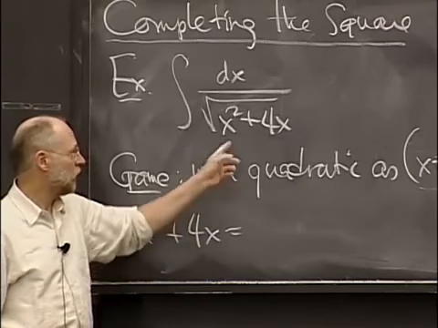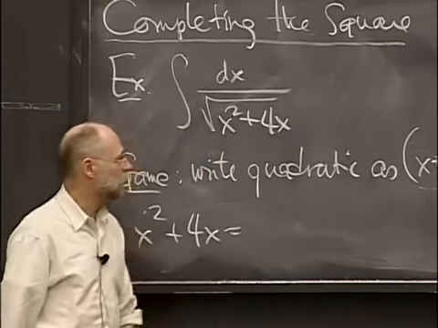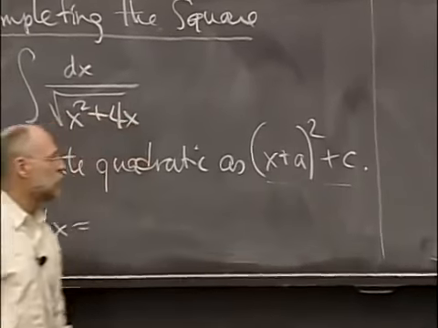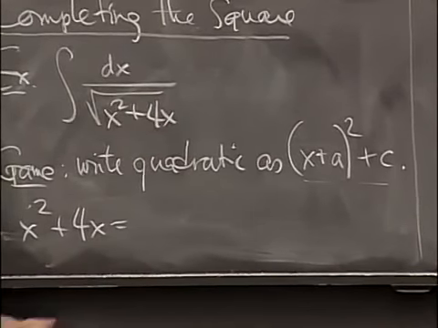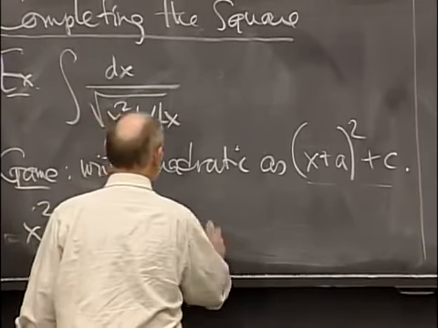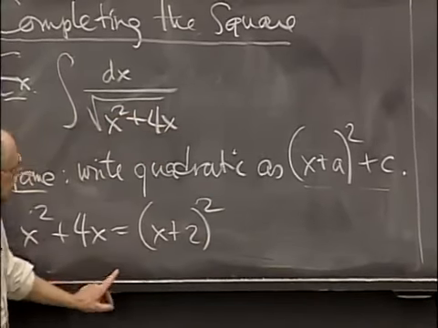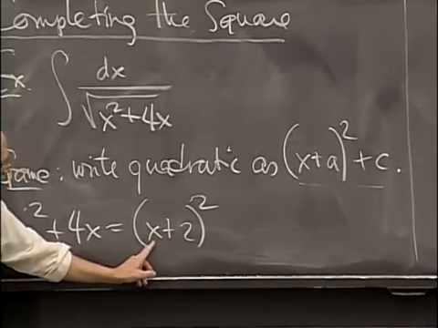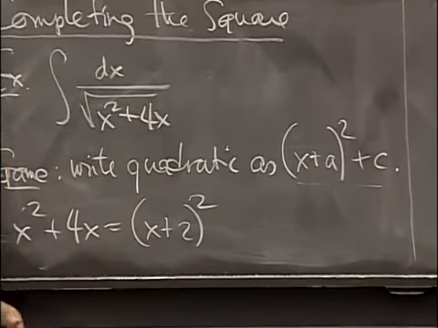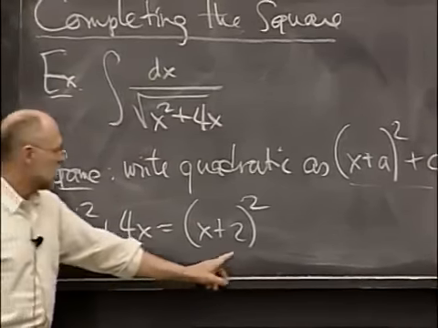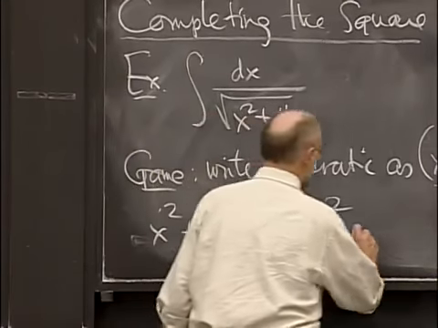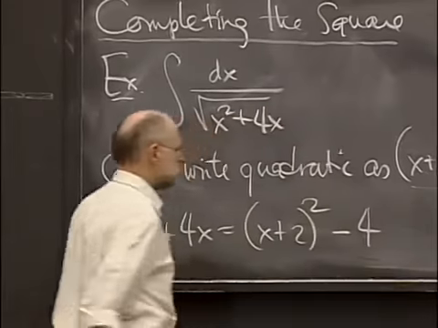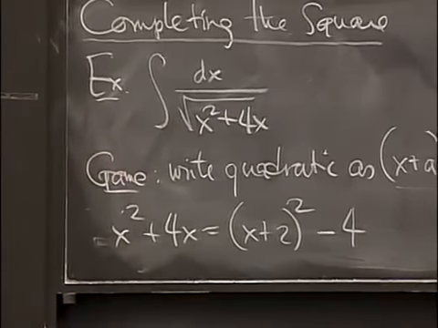The only choice, in order to get something like x squared plus 4x out of this, is to take a to be 2, because then this is what you get. This isn't quite right yet, but let's compute what I have here. x squared plus 4x, so far so good, plus 4, and I don't have a plus 4 here, so I have to fix that by subtracting a 4. So that's what I mean.